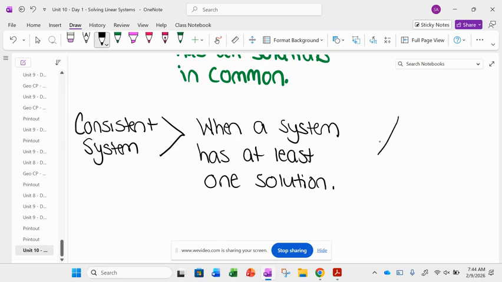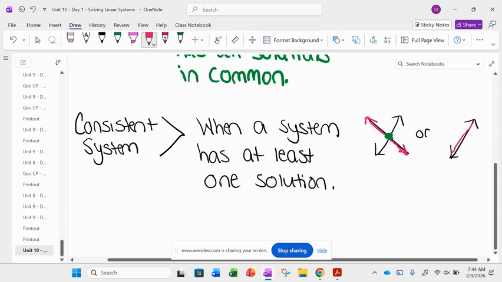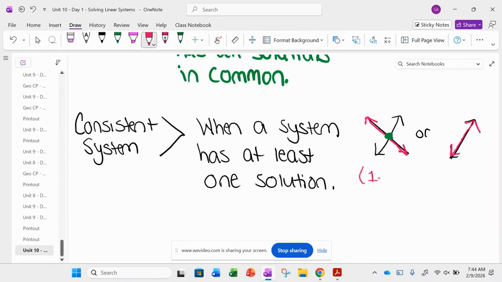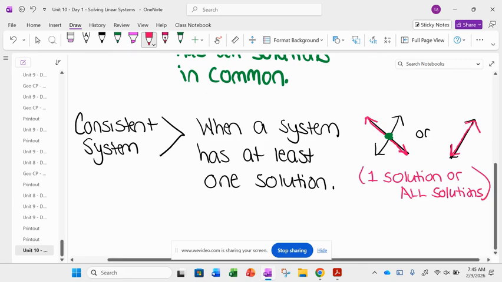So this would look like one solution or all solutions. So that's a consistent system.